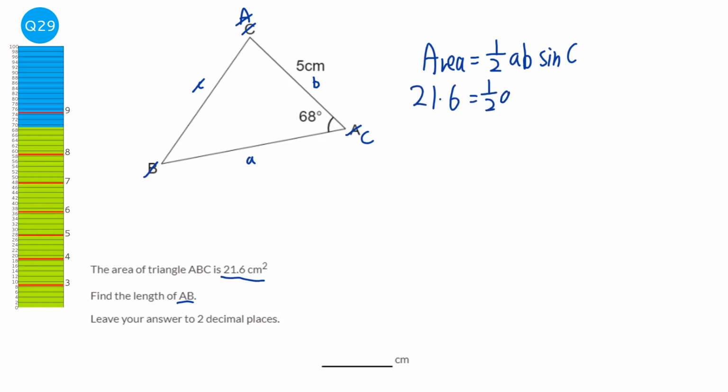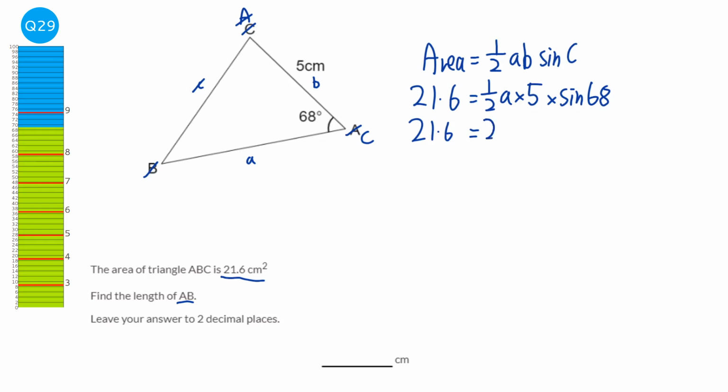And we're looking for A, but B is 5 and C is 68. And so all we need to do here is rearrange all of this. We're going to start just by working out what half times 5 times sine 68 is.